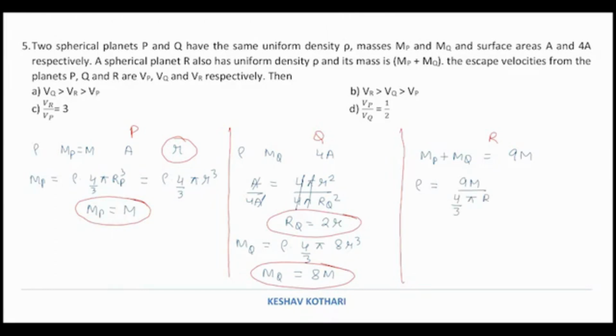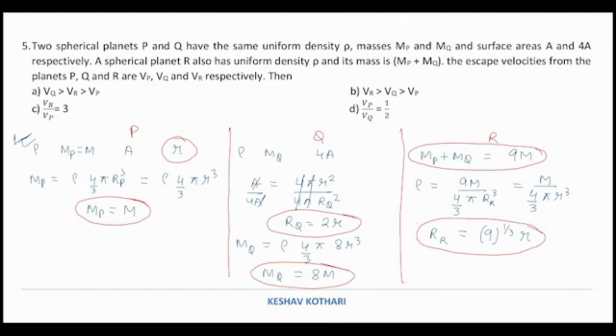Equating with the initial value of P, since density is same, we have its radius in terms of P, that is cube root of 9 into radius of P, that is r. So this is rr which we have. I can circle the parameters over here: the mass of R is 9m and the radius of R is cube root of 9 r.